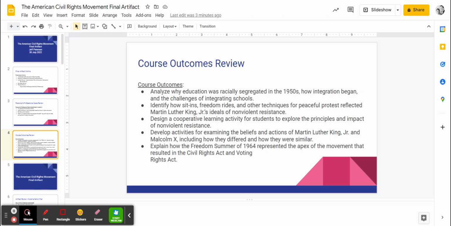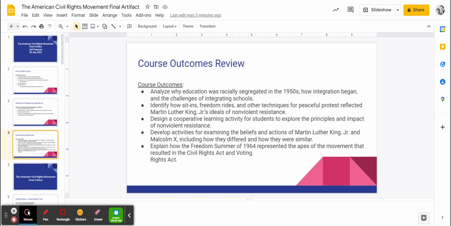This learning activity is cooperative and looks a lot at the principle of nonviolent resistance, with a focus on Martin Luther King, as well as some of the actions of people like Rosa Parks and the Montgomery bus boycott. I do have an activity that specifically focuses on comparing Martin Luther King Jr. and Malcolm X, including how they were different. And that's a big focus here, as you'll see.